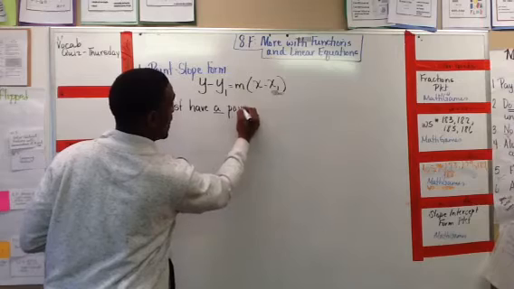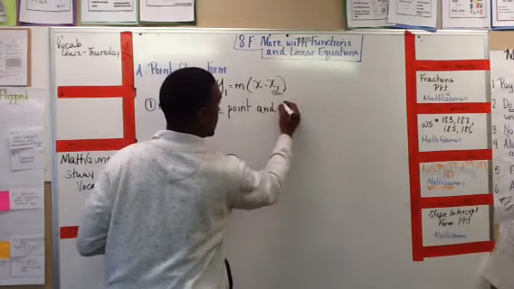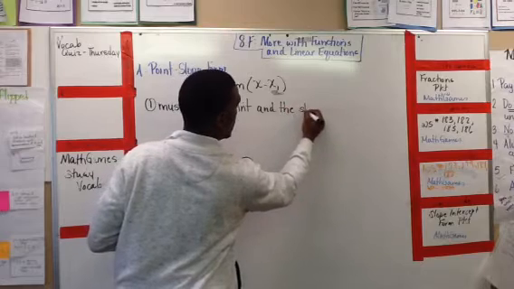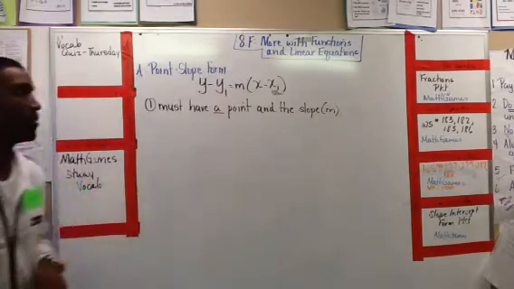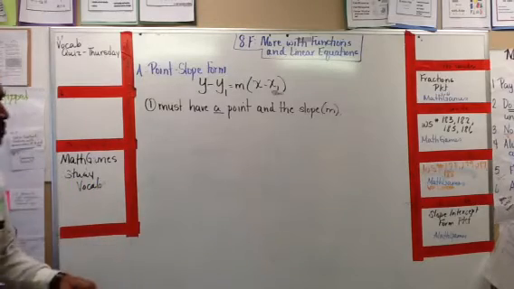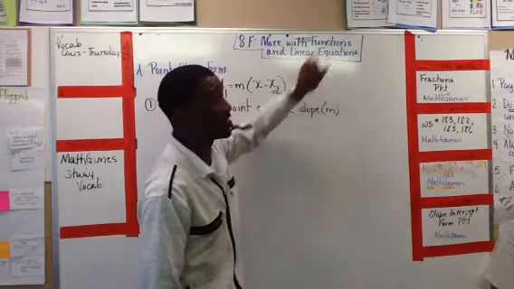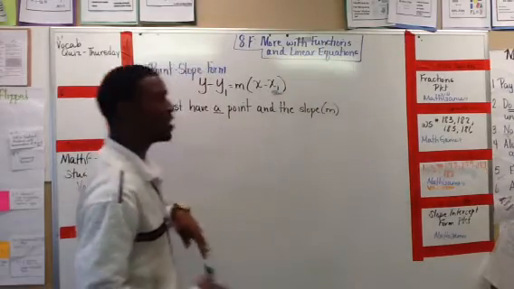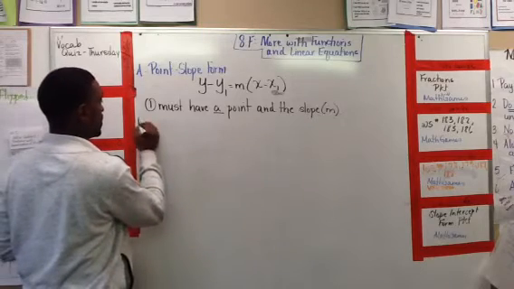If I'm saying A is singular, you only need one point, and you must know the slope. And we know the slope is the m in the equation. It's always written as a fraction if we're talking about equations. If we're talking about functions and we call it the rate of change, it can be written as a decimal as well.